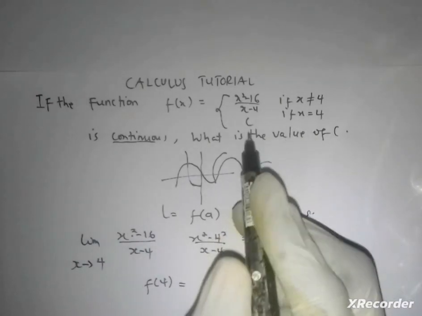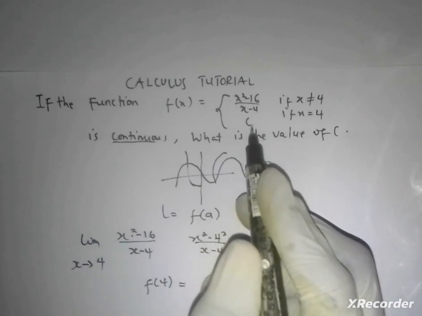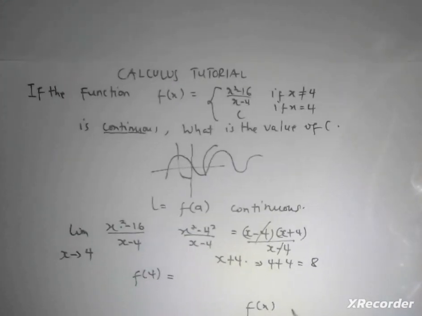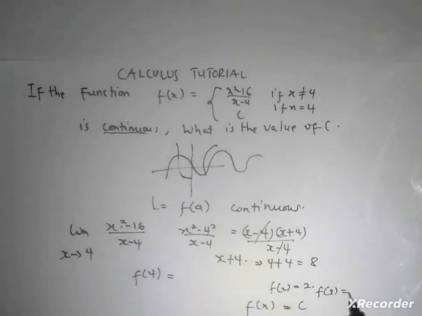Now the c here is a constant function. We know that if you have a constant function f of x equal to, let's say, c, whatever you put here you surely get c.